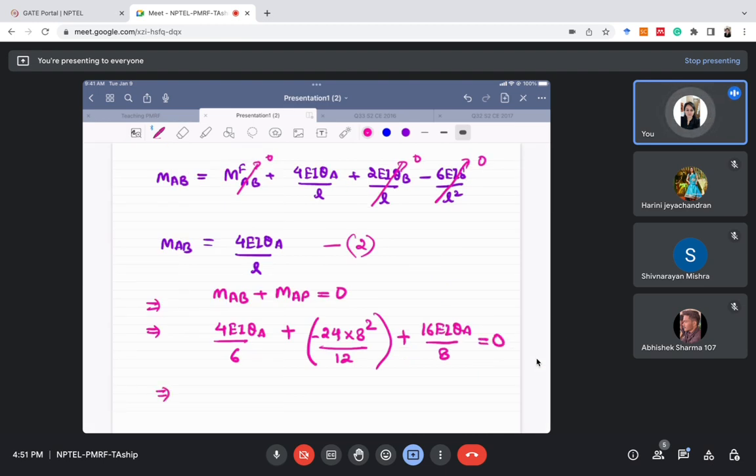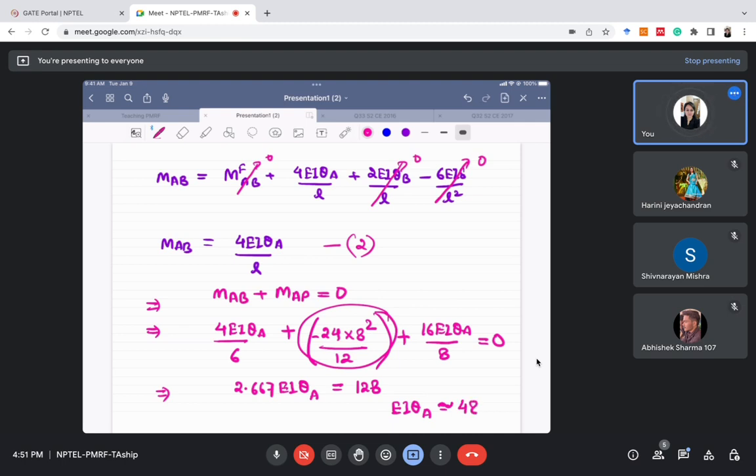From here, the only unknown is theta A. I'll keep EI theta A and find its value. If I solve it, I'll get 2.667 EI theta A equal to, if I solve this part, 128. So from here I get the value of EI theta A as nearly equal to 48.